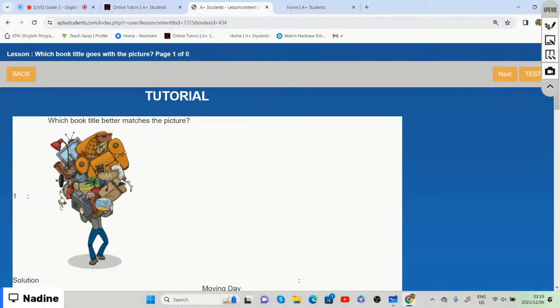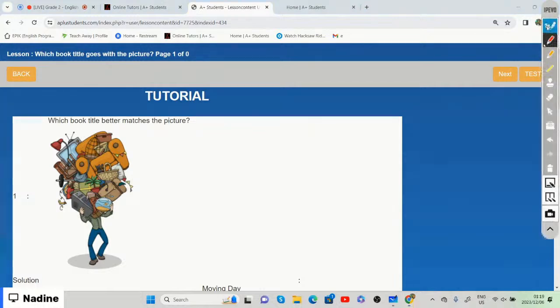All right, so if we look at this picture, they're saying that the title of this book is Moving Day.